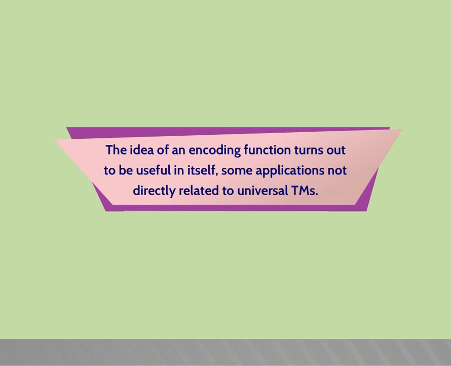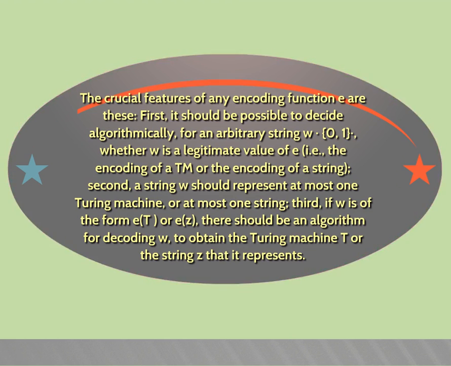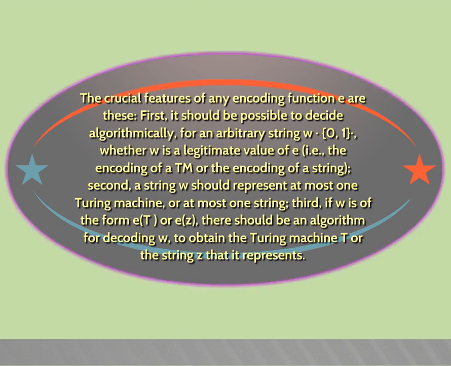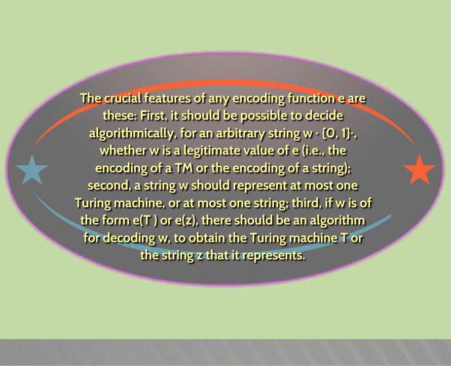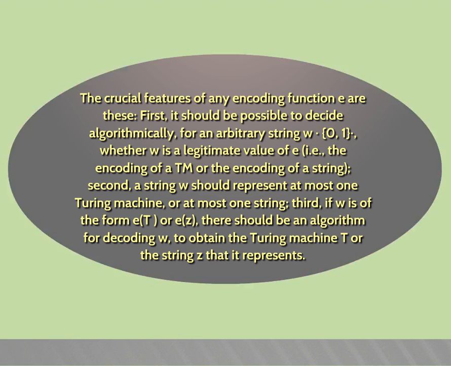The idea of an encoding function turns out to be useful in itself, with some applications not directly related to universal TMs. The crucial features of any encoding function E are these. First, it should be possible to decide algorithmically for an arbitrary string W in {0, 1}* whether W is a legitimate value of E, that is, the encoding of a TM or the encoding of a string.